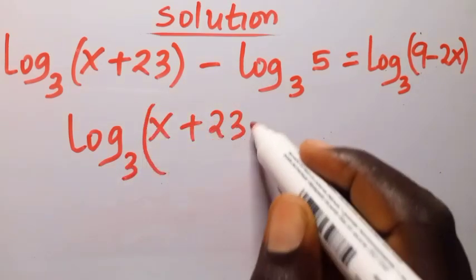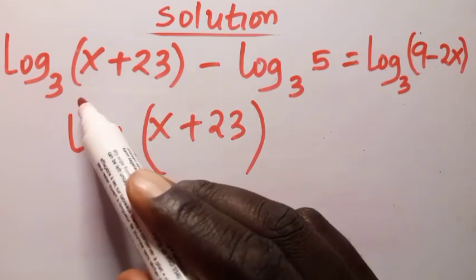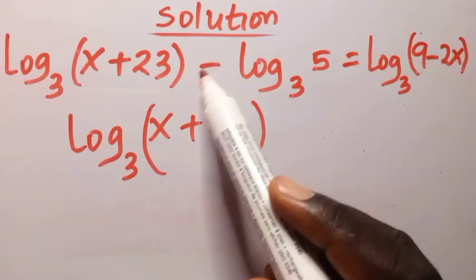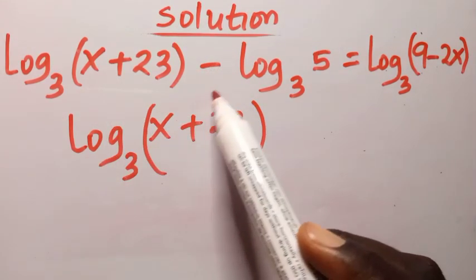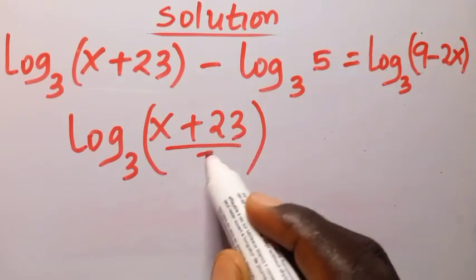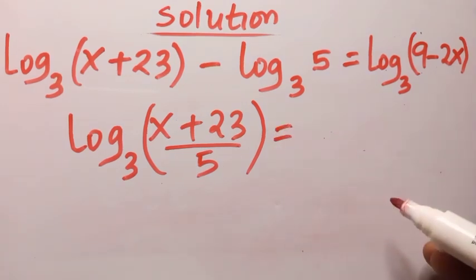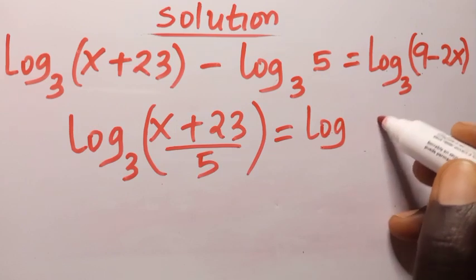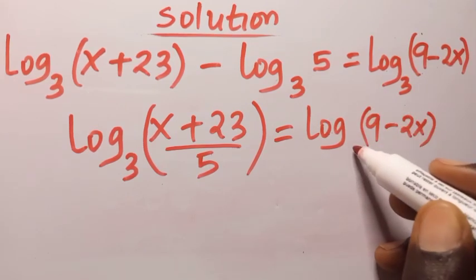Since these are logarithms to base 3 and there is a minus in between, we shall have x plus 23 divided by 5. That is how we can combine that into a logarithm of a single number, equals the logarithm of 9 minus 2x, to base 3.